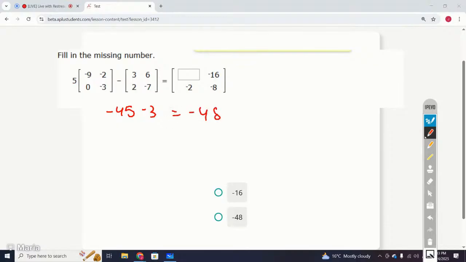That equals negative 48. That is negative 48.